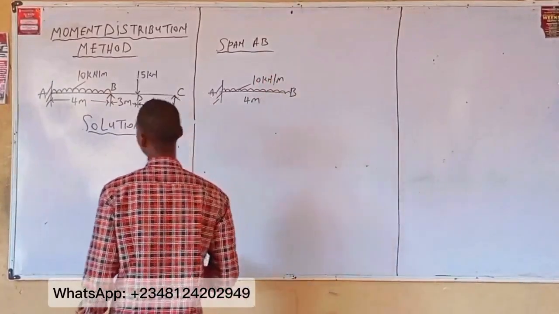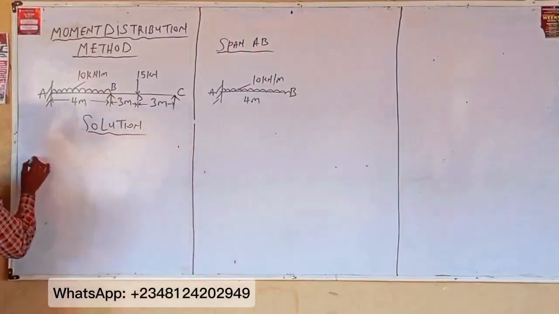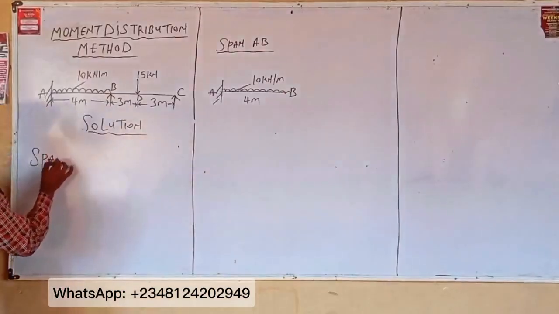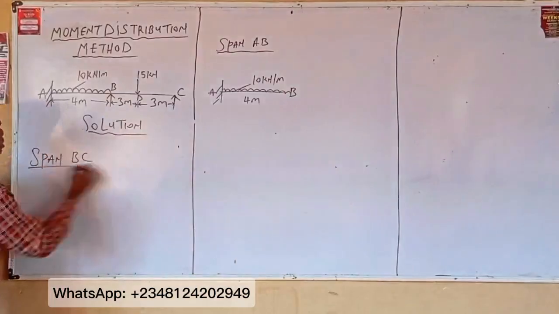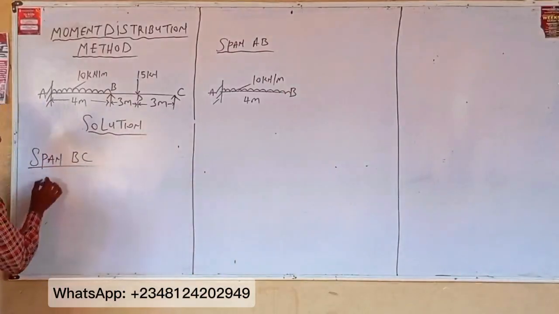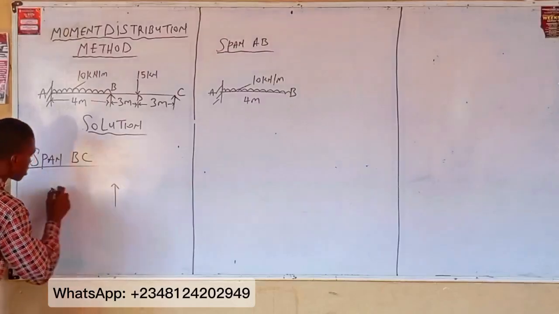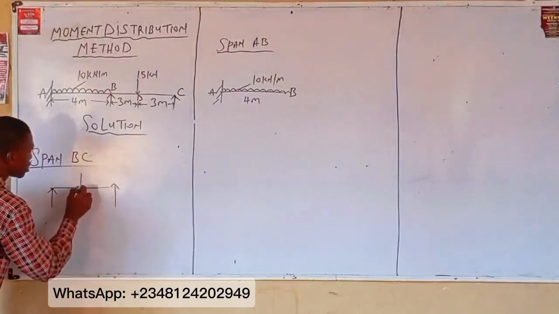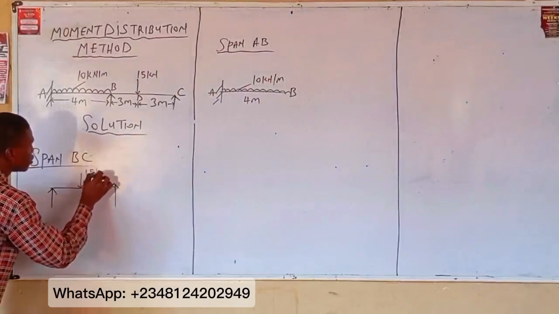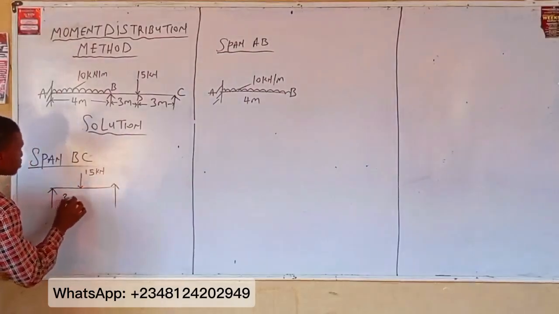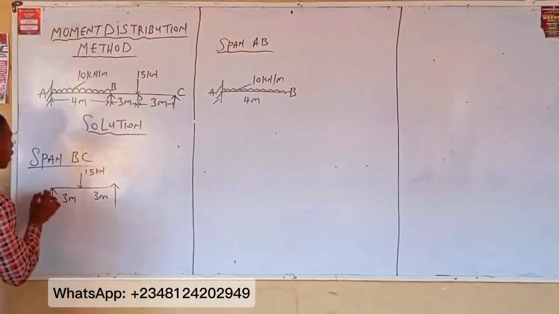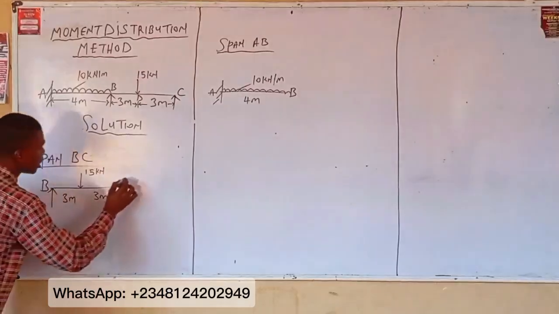Now, for span BC, same idea. Bring out your beam. We have this: 15 kilonewton, 3 meter, 3 meter. This is B, and this is C.